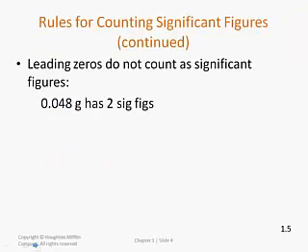Now we're going to look at the rules regarding zeros in the recorded measurement. Okay, the first thing we're going to look at is leading zeros. These are zeros that are to the left of non-zero digits in the measurement.